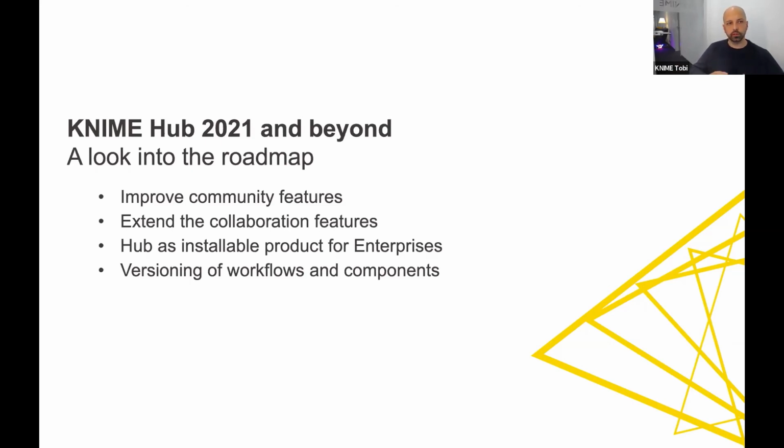This also ties in with getting the hub more and more ready for enterprises. So in the enterprise environment, we have quite a few different requirements. As a question in the chat came up, we have organizations and teams. This is actually also on our roadmap, to make it ready for those kinds of things and all the other things which big enterprises require.